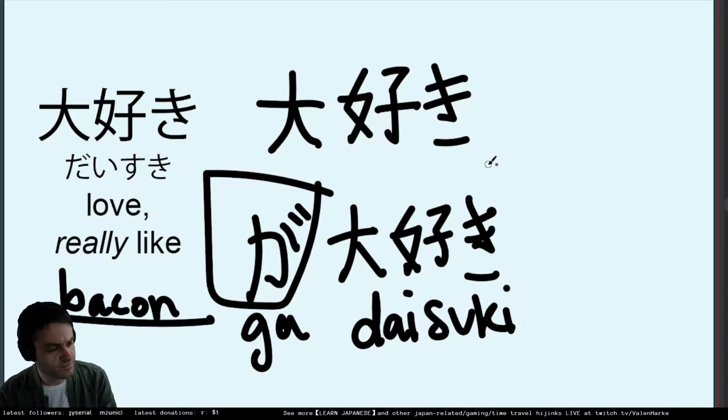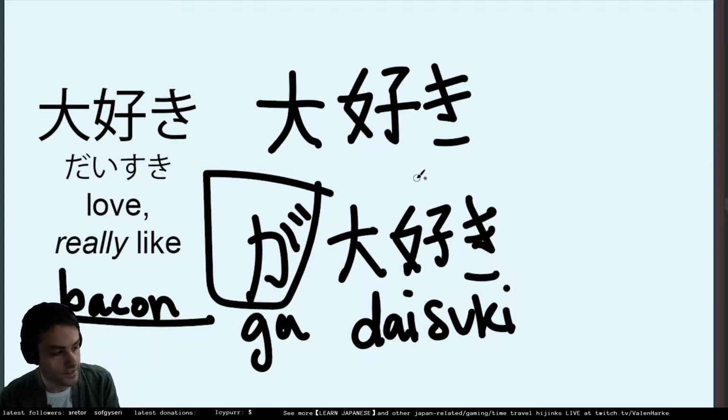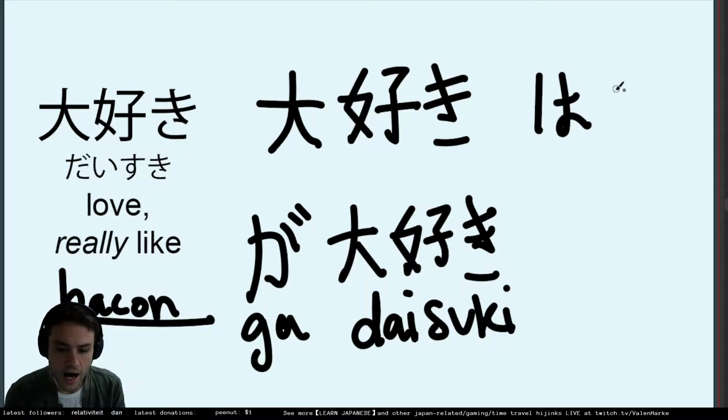Please, Valen teacher, tell me what ga means in English. Can't do that. We don't have a ga in English. And depending on the context, it can mean so many different things in English. And 2 grammar particles that confuse the crap out of beginners in Japanese are wa, which we've gone over. That's part of the is bucket.